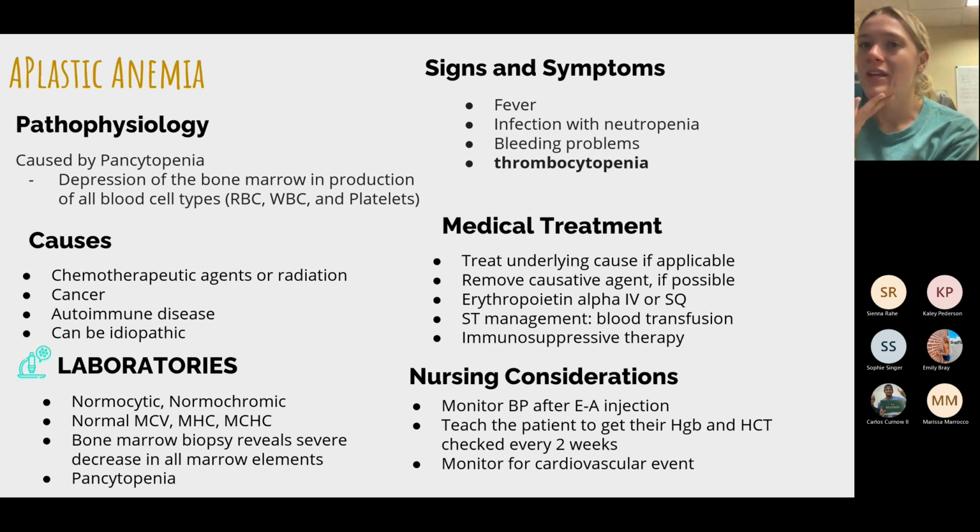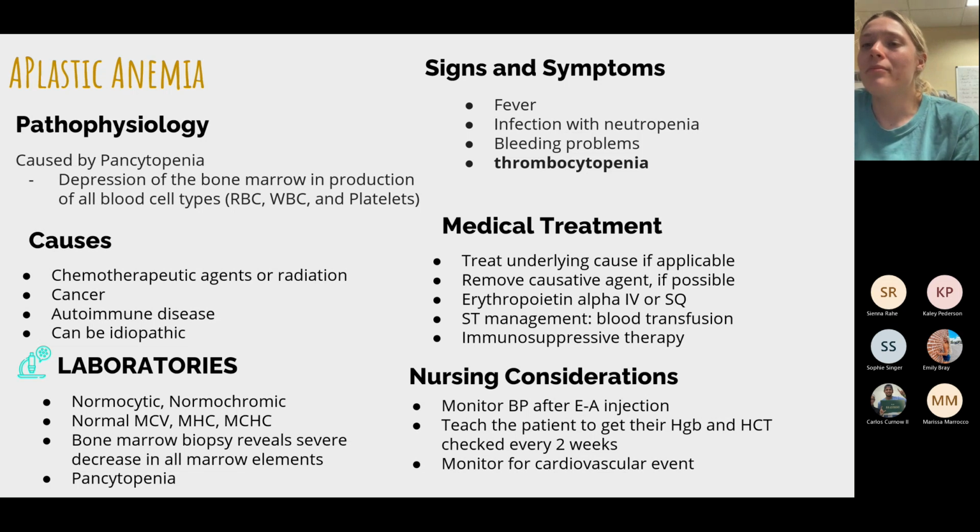Aplastic anemia, on the other hand, we just have a reduced number. So it's going to be normocytic and normochromic because nothing is wrong with the red blood cell itself. They're fine. I'm just not producing enough. Okay. So what are we going to do? We're going to give epoetin alfa. What does epoetin alfa do? It helps stimulate the production of red blood cells and hemoglobin.